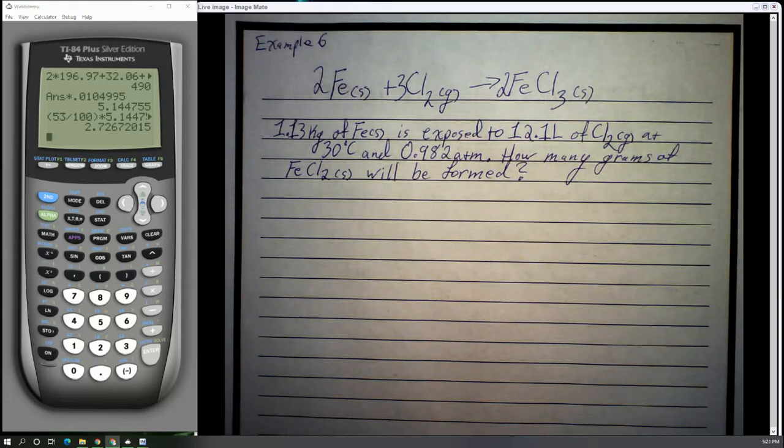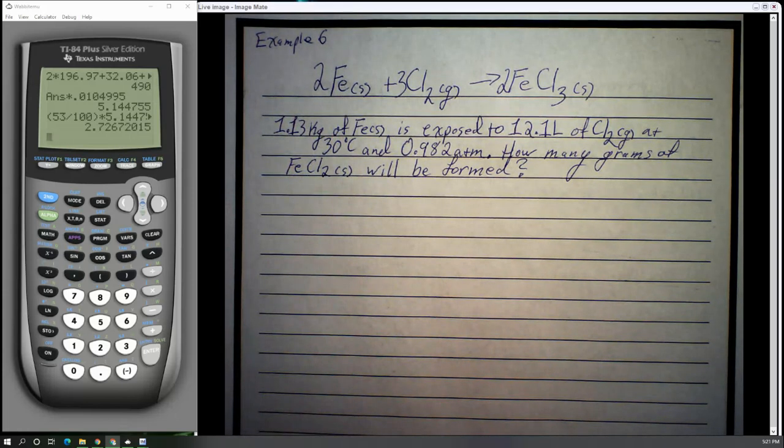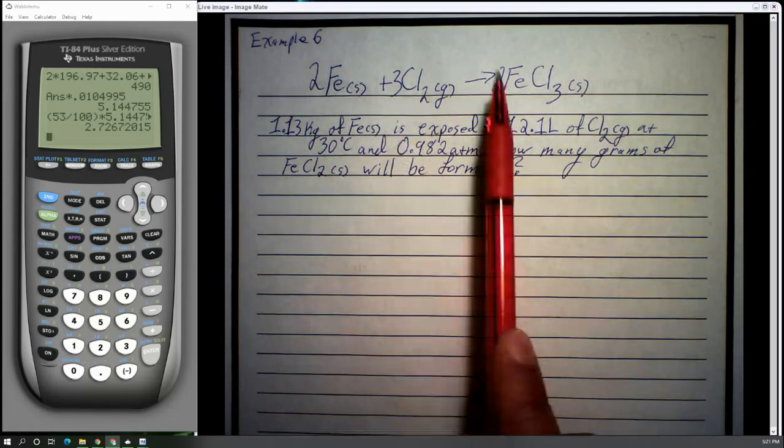All right, now problem 6 is kind of the grand finale problem here. It's going to combine a lot of stuff together. So we have the synthesis of iron and chlorine gas to make iron 3 chloride.